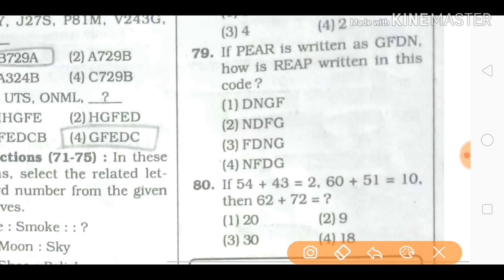If Pierre is written as G, right? So how can you write rip, right? So the answer is going to be the fourth one. If you do it, it's not difficult. You can do it by yourselves, right?